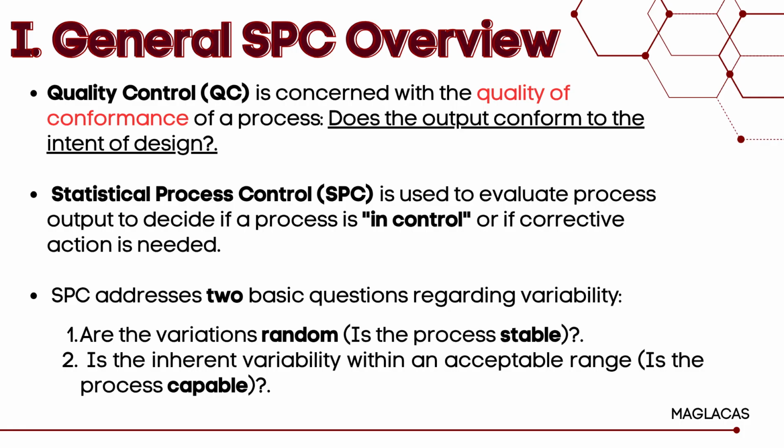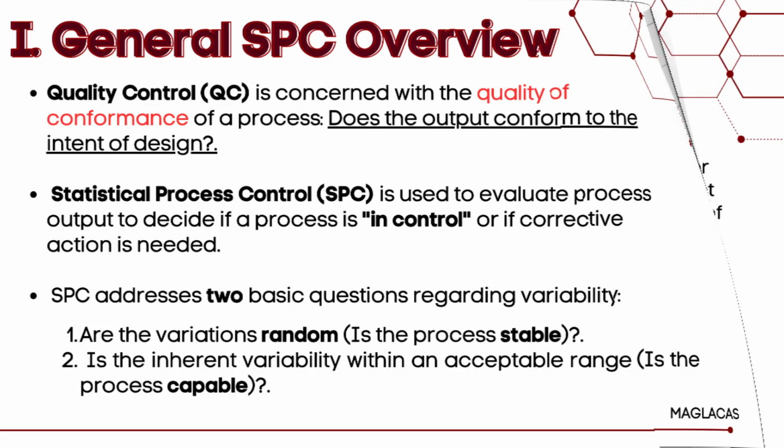But it doesn't always mean that those that have variation should be disposed of or eliminated just because it doesn't perfectly fit the quality of conformance. A product or process could be deemed as fine if it is within an acceptable range, which means that the variation is small or irrelevant enough to not cause any problems.